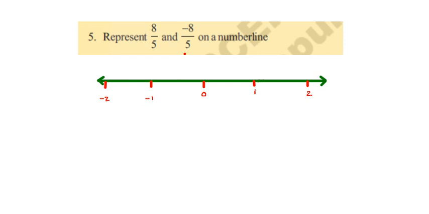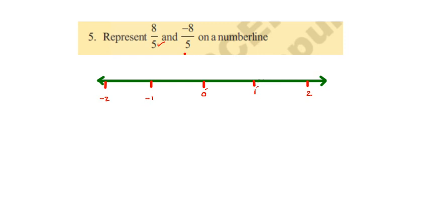Before we identify 8 by 5 and minus 8 by 5, you may observe here what is the denominator? 5. That means you may divide each unit into 5 equal parts. Unit means here 0 to 1 is 1 unit, 1 to 2 is another unit.